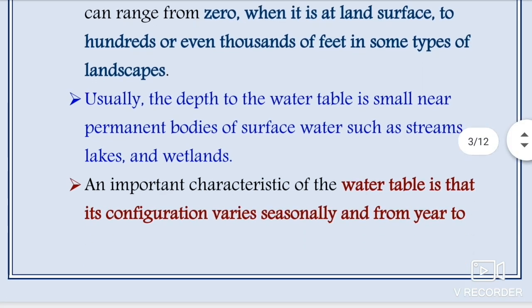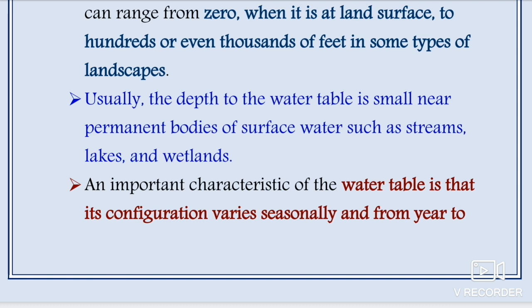An important characteristic of the water table is that its configuration varies seasonally and from year to year. If rainwater is more, the water table will rise, and if rain is scanty or there is drought, the water table will lower.